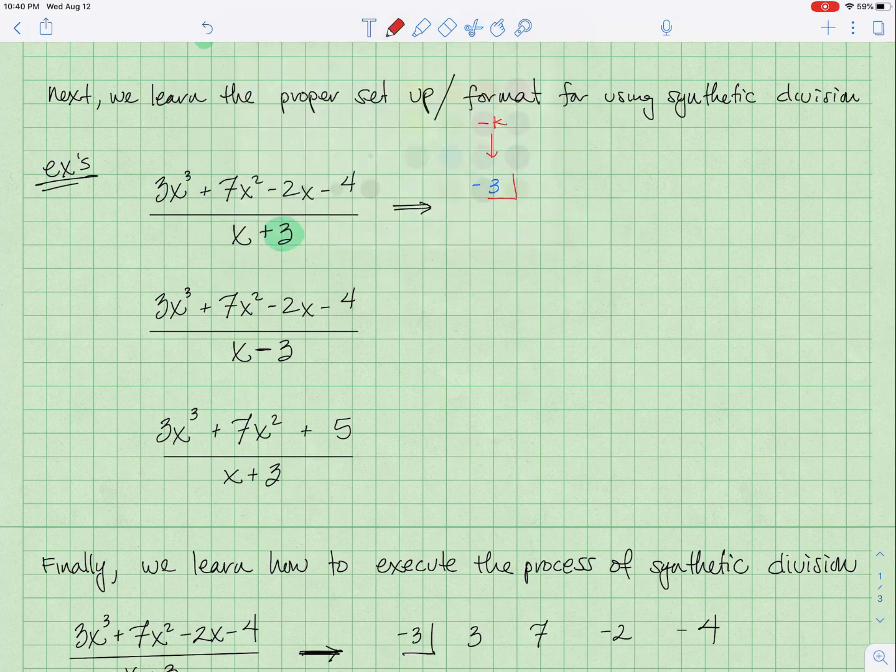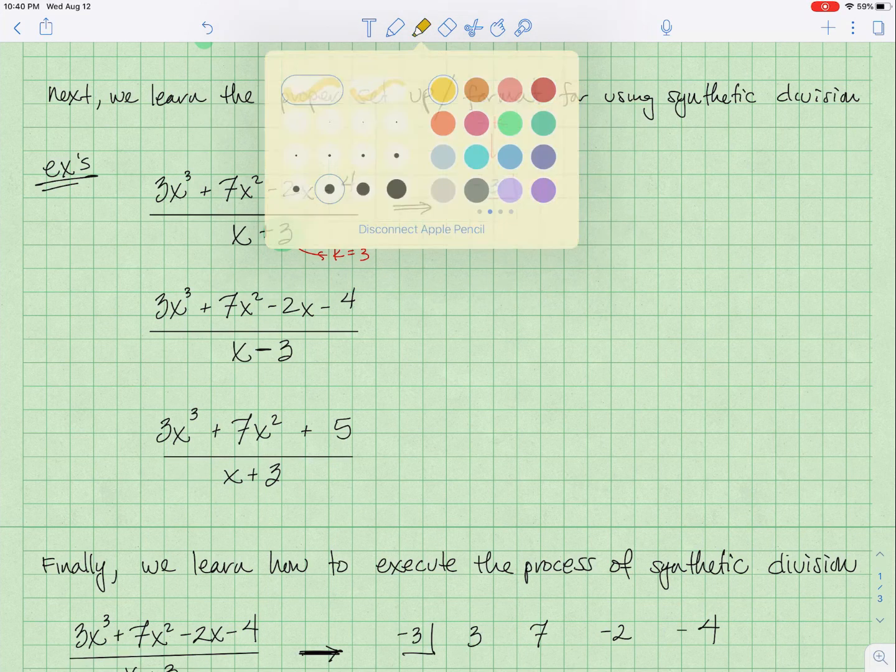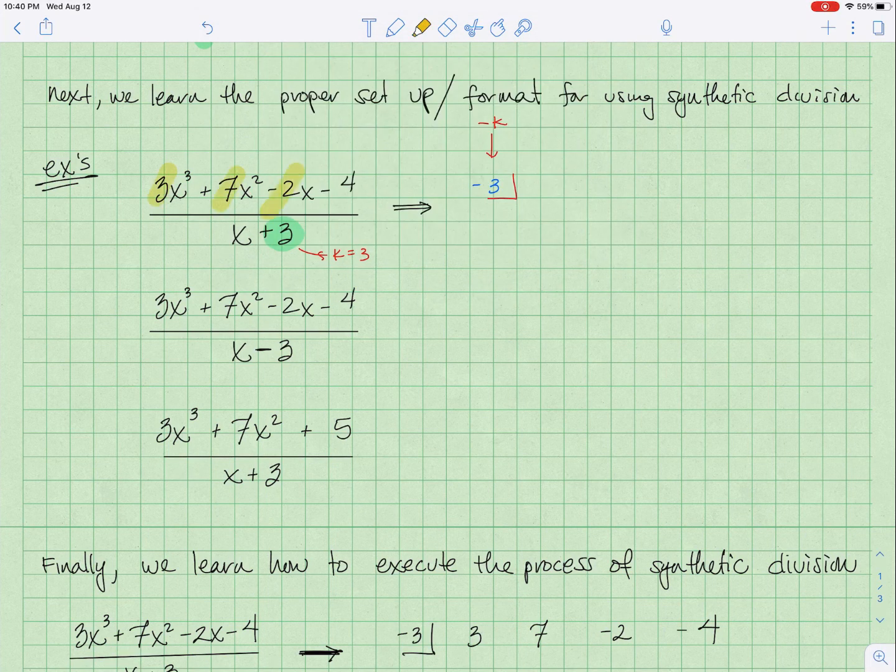Next, we use just the coefficients of the polynomial: 3, 7, negative 2, and negative 4. And then we put a horizontal bar one row down. That's the proper setup. We're going to talk about the execution in a minute.